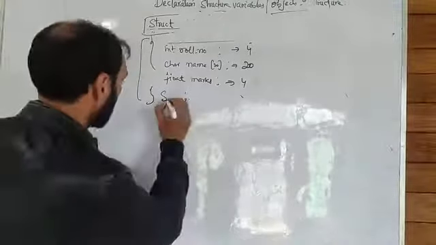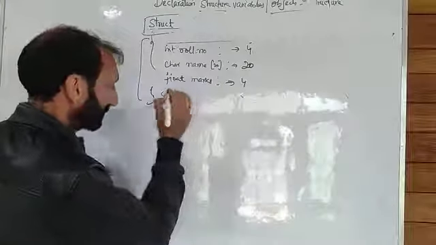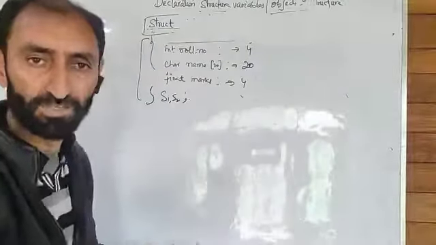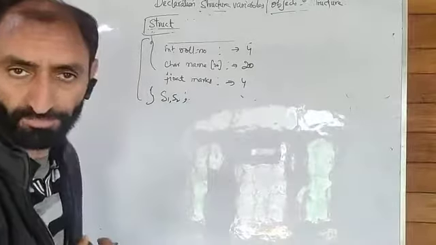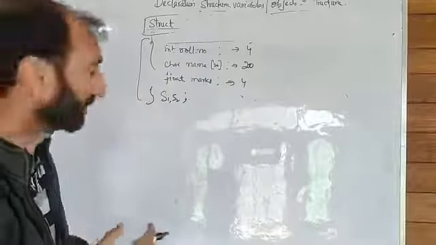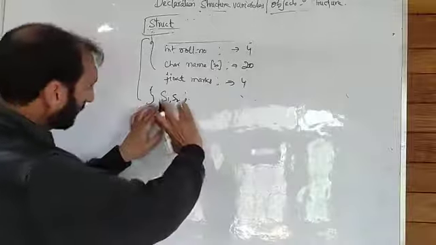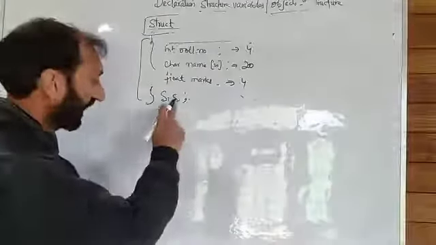I can write here more than one, S1, S2, and so on, just like I have declared the objects in the main program. For example, here I have declared two objects, S1 and S2.